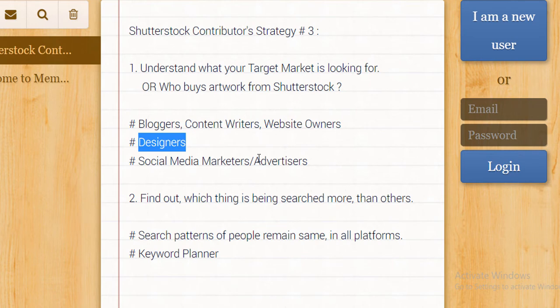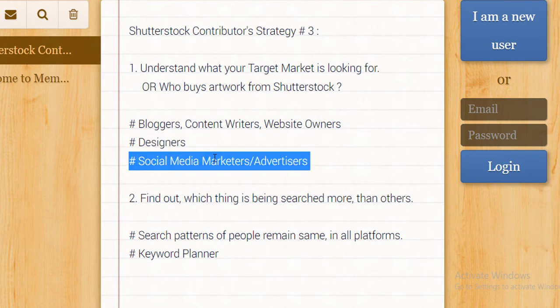Similarly, if you're designing something for social media, once you realize that your designs might be needed by social media marketers, you could keep the file size in terms of, let's say, Instagram file ratio size, something like that. Okay, or for the cover sizes. So you will facilitate those designers and understand what exactly they are looking for.